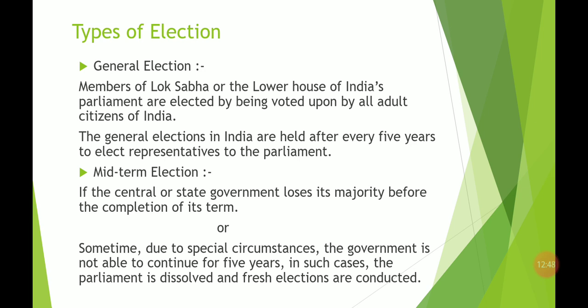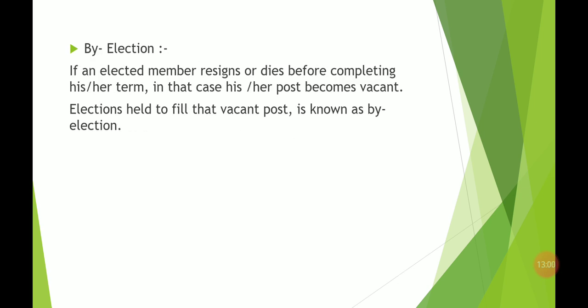Means that before completion of the 5 years, if any election is conducted due to some reason, that election is known as mid-term election. Now move to the next, that is by-election. So what is by-election? Suppose in any particular constituency, if the person who is there resigns or dies, in that situation the post will be vacant.